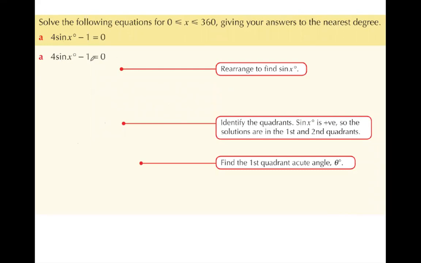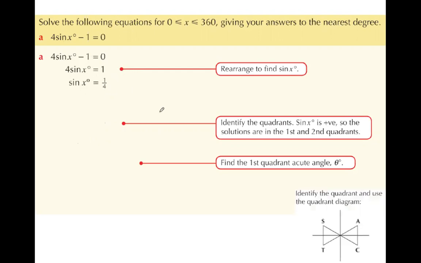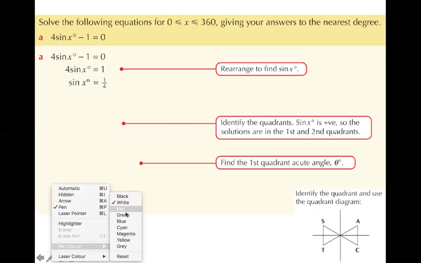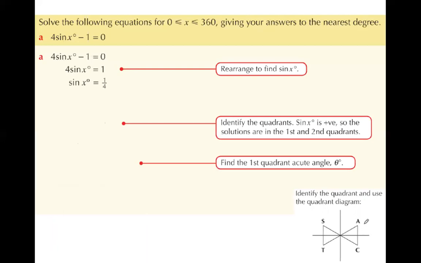But 4 sine x minus 1, this time without any graphs, giving your answer to the nearest degree. So 4 sine x equals 1, or sine x equals a quarter. Positive, so that's easier. Sine is positive in the first and second quadrants, so we're going to have x here and 180 minus x.